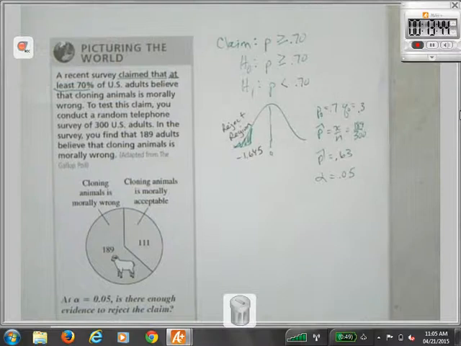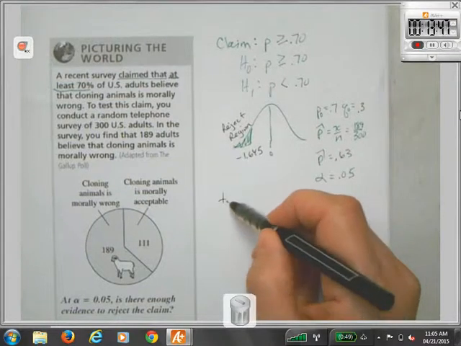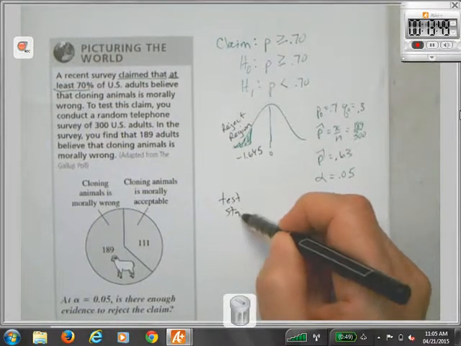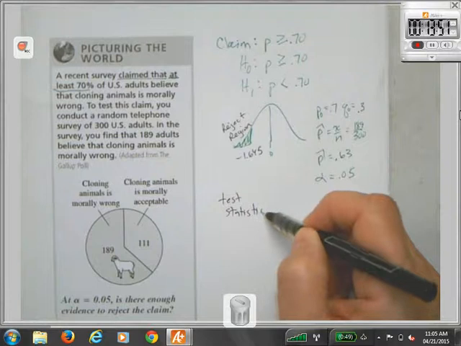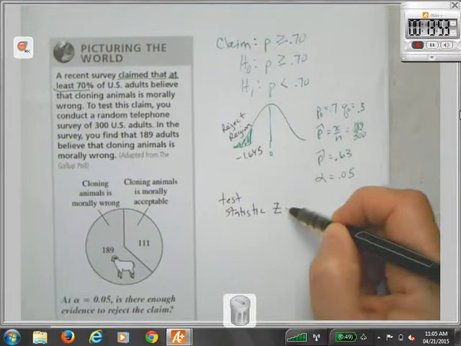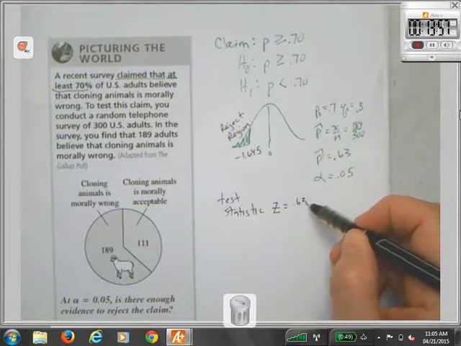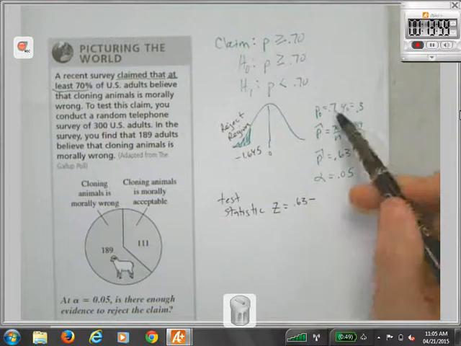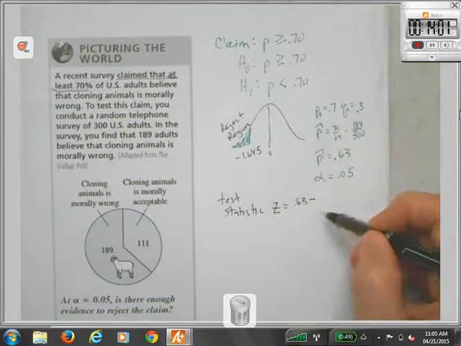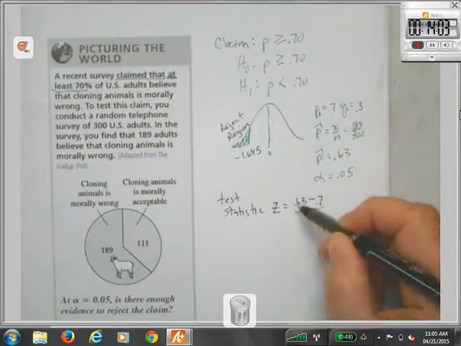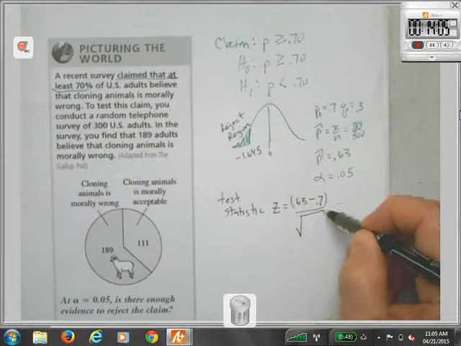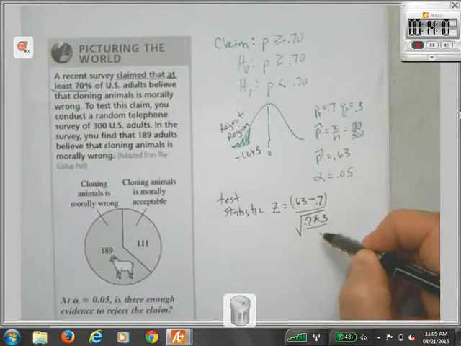Now we're ready for our z test statistic: p hat minus p sub 0 over the square root of 0.7 times 0.3 divided by 300.